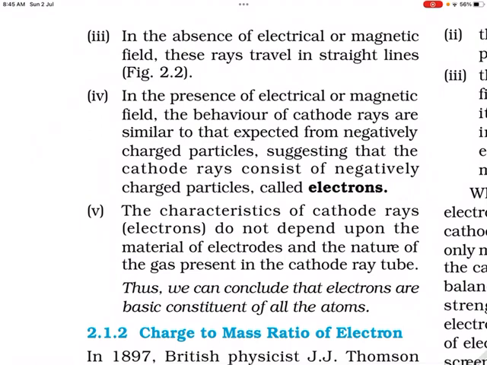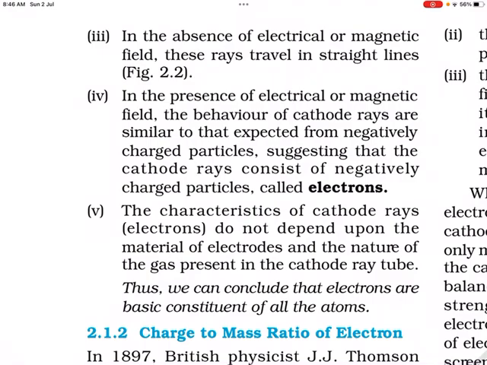The characteristics of cathode ray electrons do not depend upon the material of the electrode or the nature of the gas present in the cathode ray tube. Thus, we can conclude that the electron is a basic constituent of all matter.